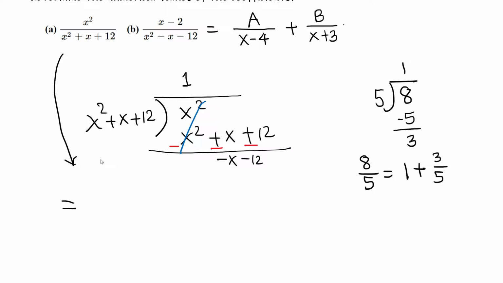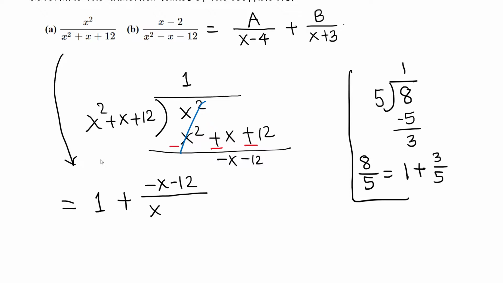So 1 plus 3 over 5. This is an improper fraction, so we would do it this way. The same idea here. Now this quotient 1 plus this remainder on the top, negative x minus 12, over this divisor, x squared plus x plus 12. Now this is a proper fraction, and this part is done.